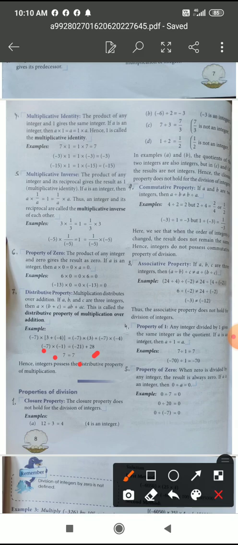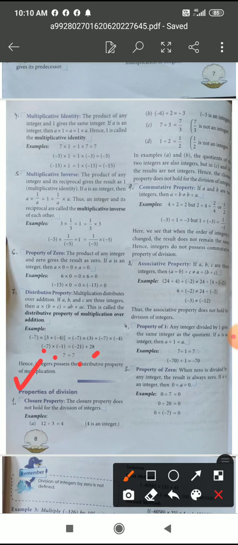Then, properties of division. Here children, in division case, closure property and commutative property do not hold properly, because children, you see 12 divided 3 equal to 4.